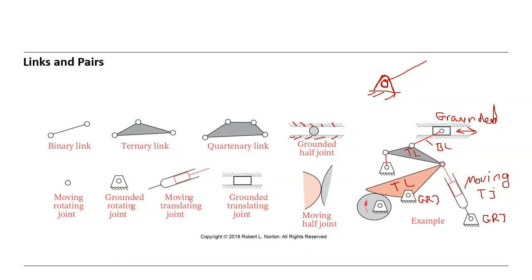And this is what we call a moving half joint here, moving here and this part. So moving half joint and so on. Okay, in this example we already have discussed all of them.